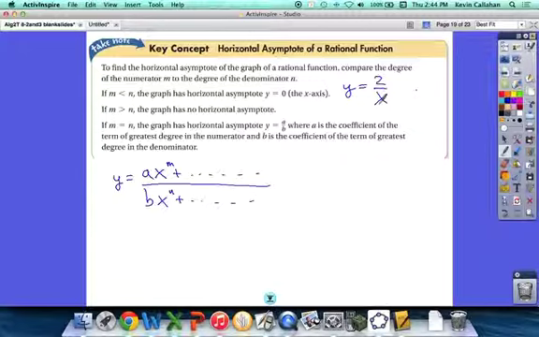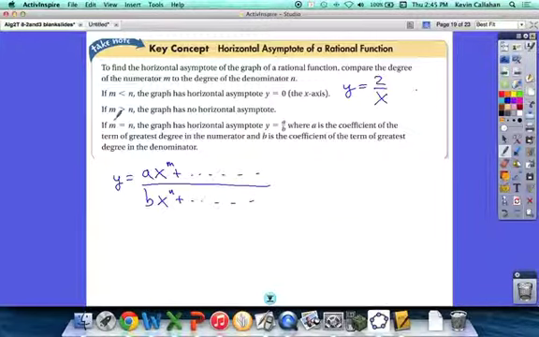What's the power of x in the denominator? 1. What's the power of x in the numerator? That means it's x to the 0. So the numerator has the lower power, which means y equals 0, the x-axis, which we already saw, right along the x-axis.